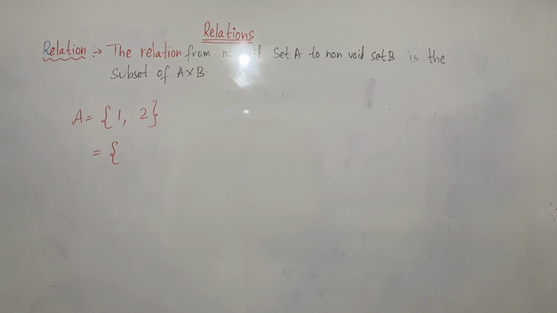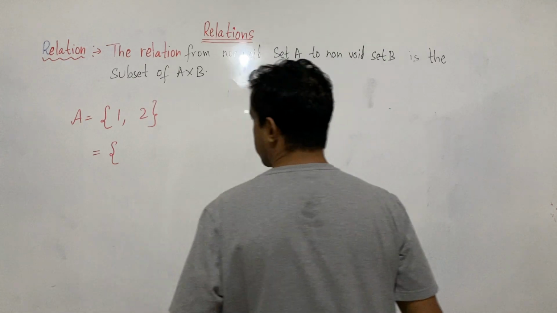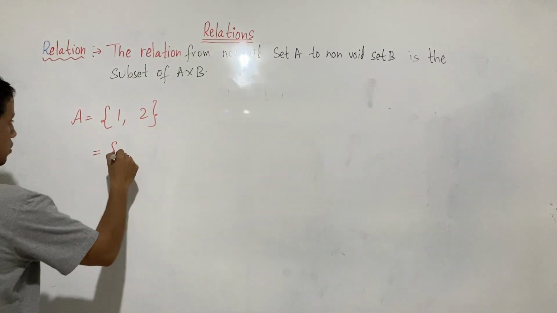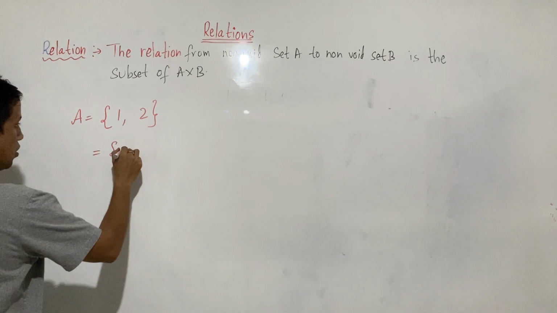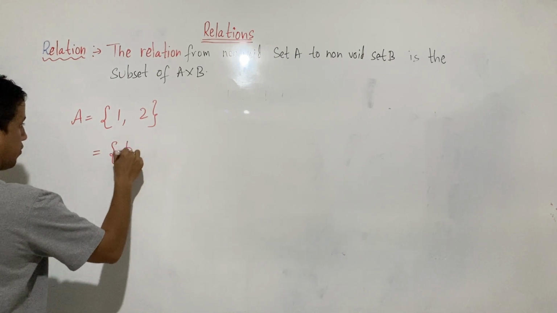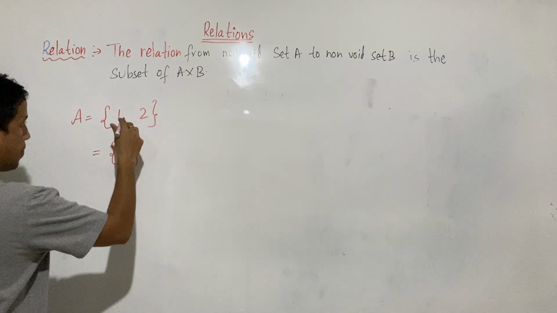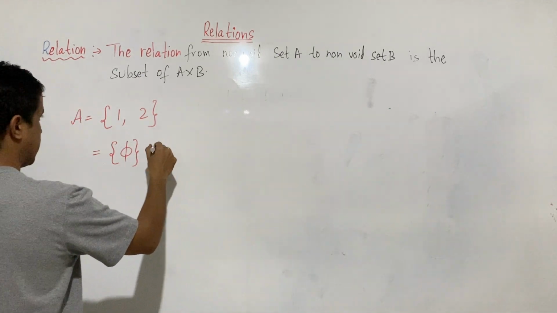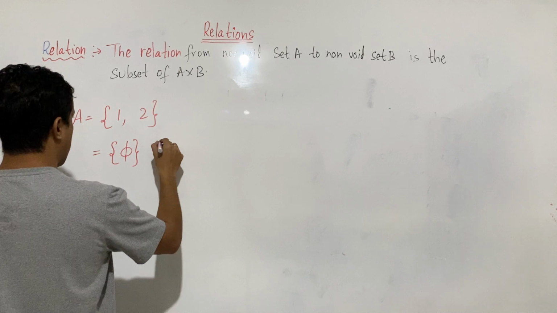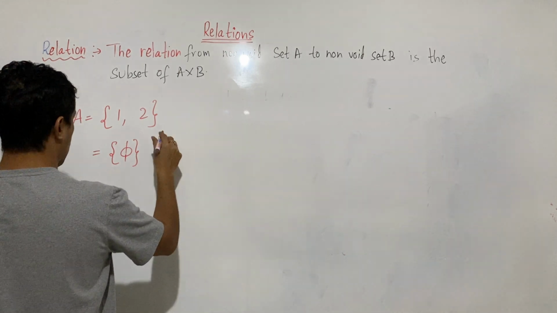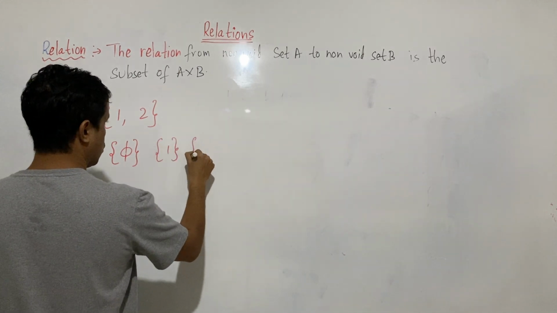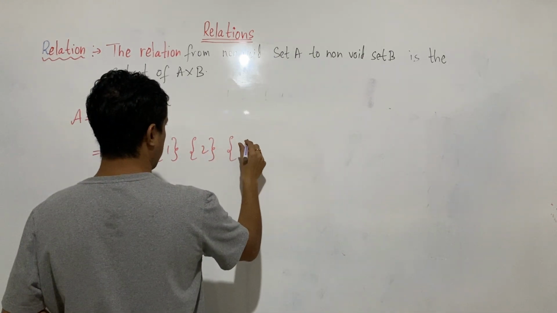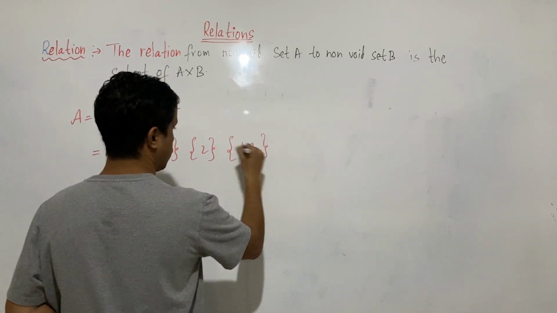The possible subsets would be {1}, null, then {2}, and {1, 2}.